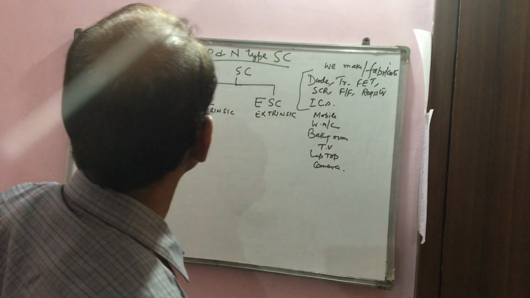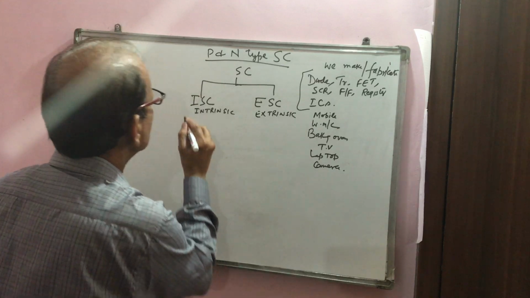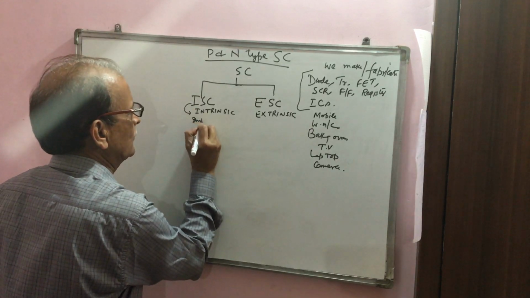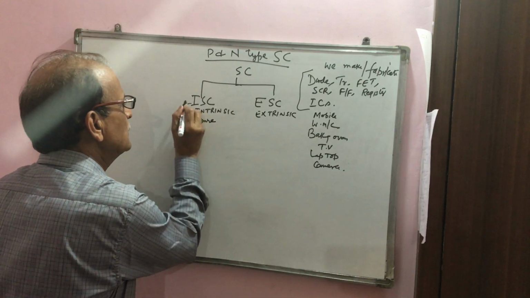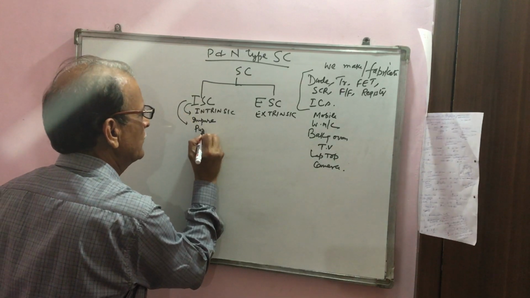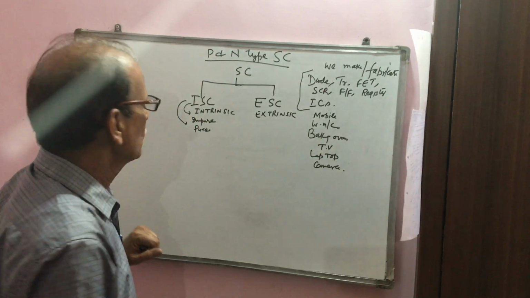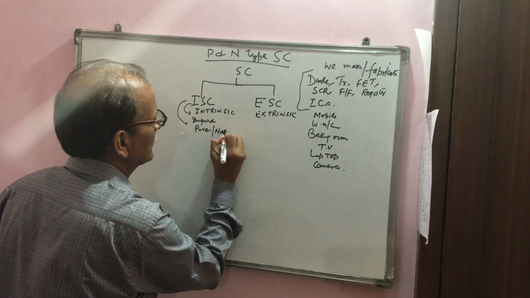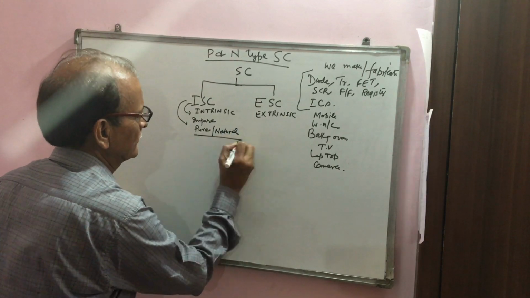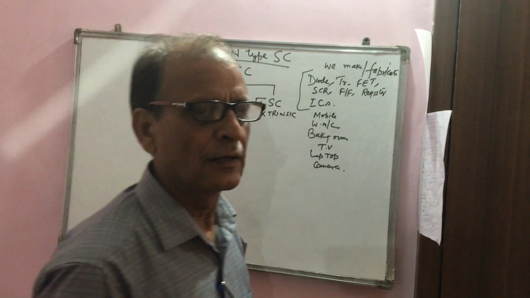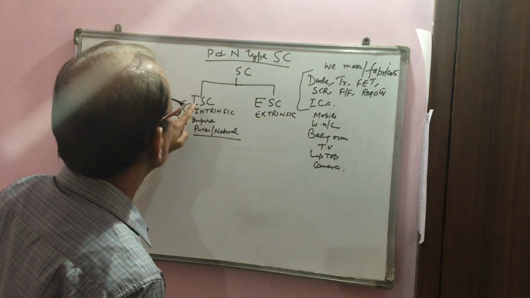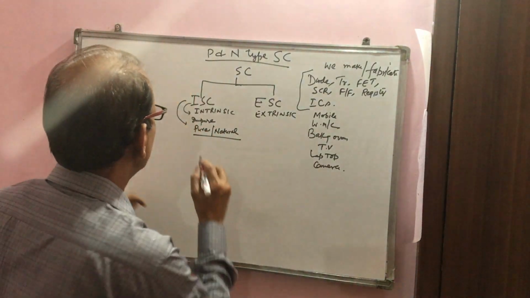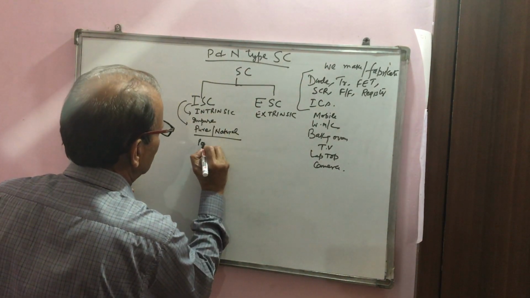So you remember like this, I for impure, but this intrinsic semiconductor is a pure semiconductor, or we can say that it is a natural semiconductor. Electrical conductivity of this intrinsic semiconductor is very poor.